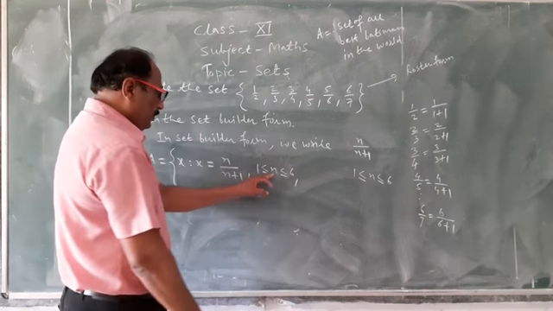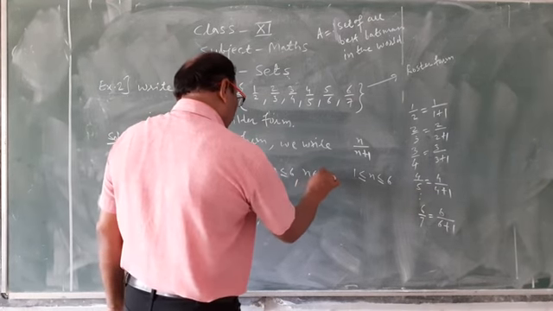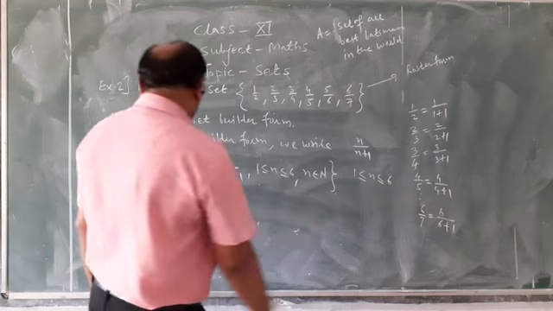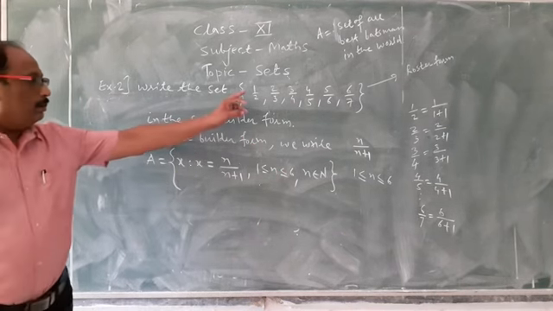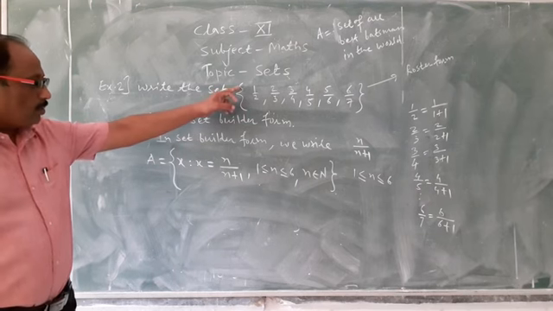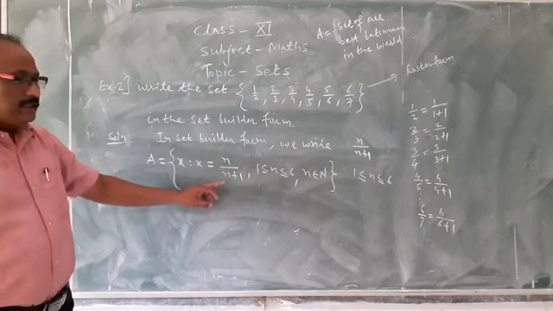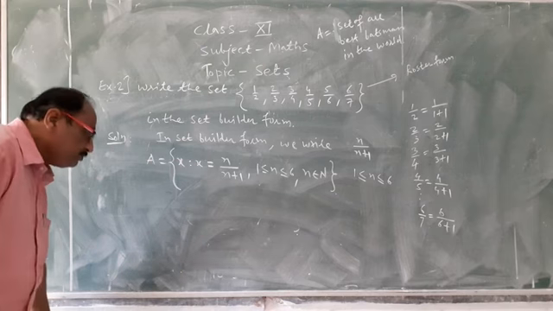What is n? N is a natural number, n belongs to N. In this way, the set which was in roster form, we have converted into set builder form.